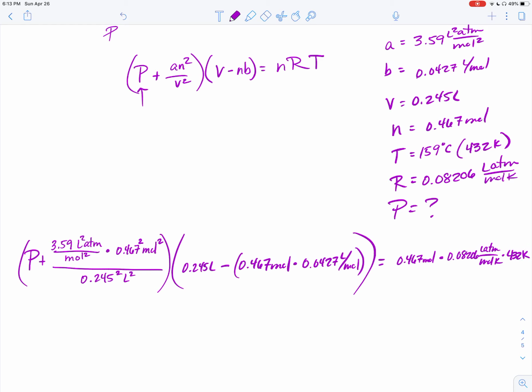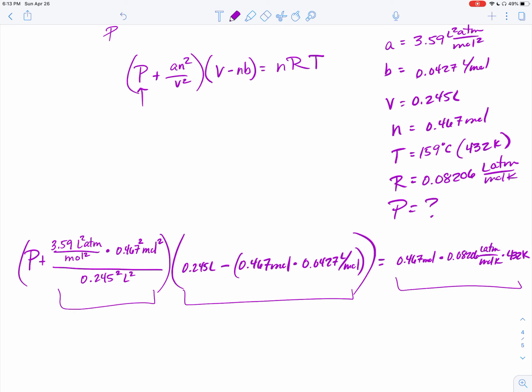times our temperature of 432 Kelvin. Okay, and so this problem it's a lot of fractions and squaring and parentheses, and I highly recommend you go through and do sections at a time. So what I would do is do all of the math in this parentheses, and then do all of the math on this side, and then do all of the math here.